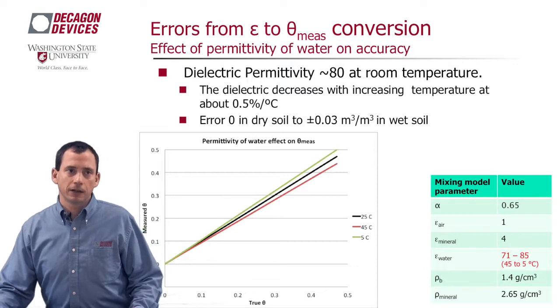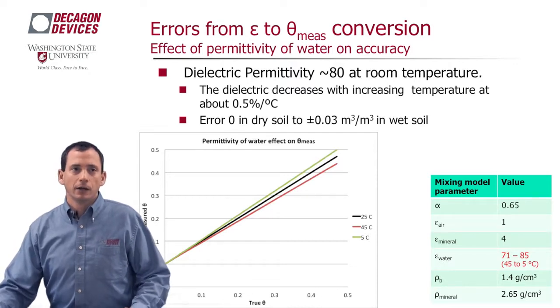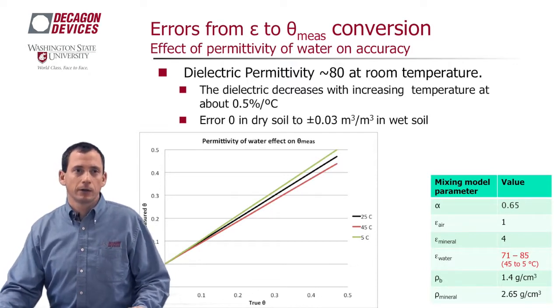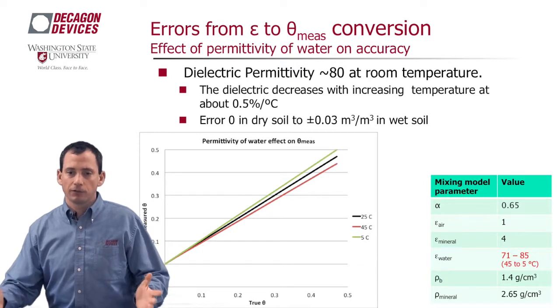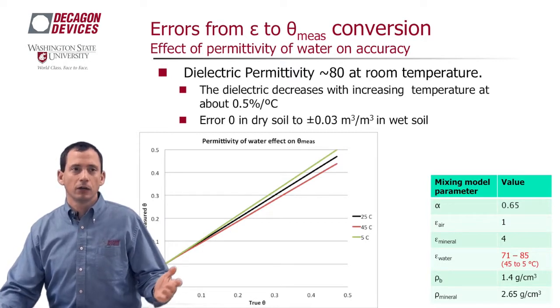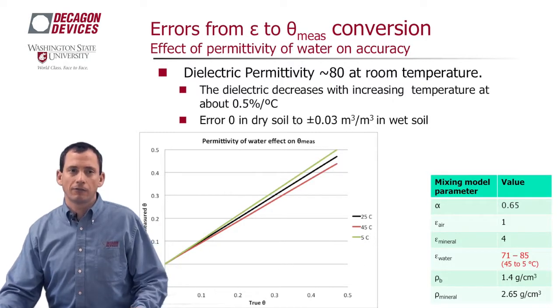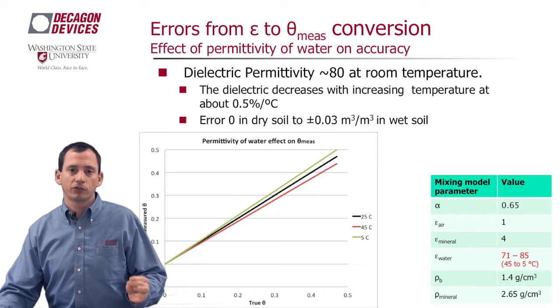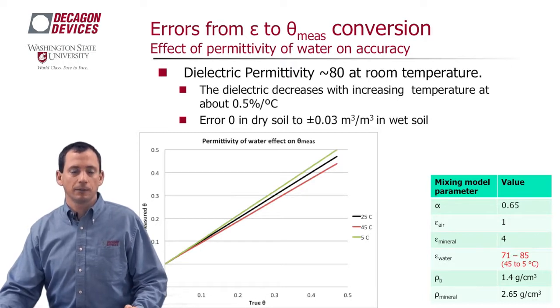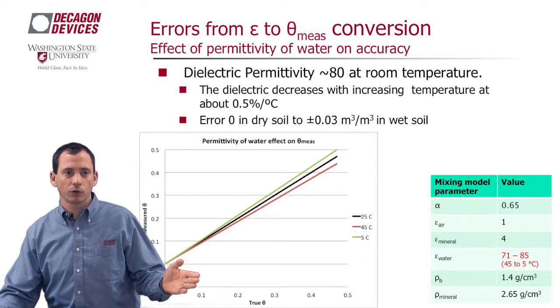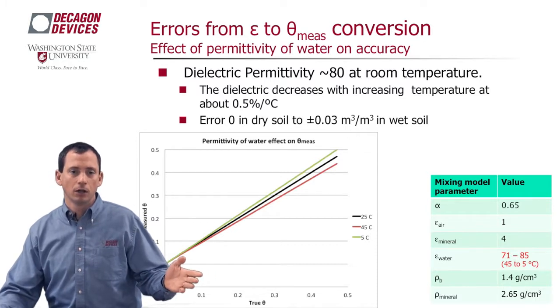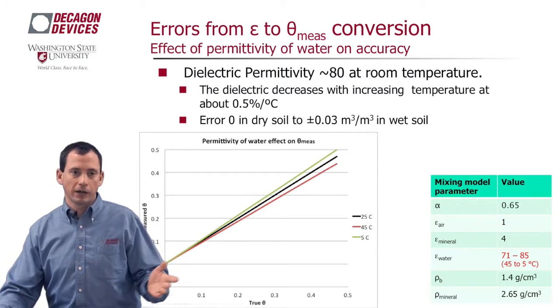What about the effect of temperature on the dielectric permittivity of water? Okay, so the dielectric permittivity of water is about 80 at room temperature. As you increase the temperature from that, you have a decrease of about 0.5% per degree C. And so, of course, in dry soil, there's no error from this at all because you don't have any water there.